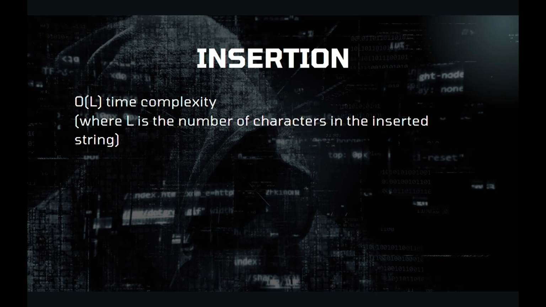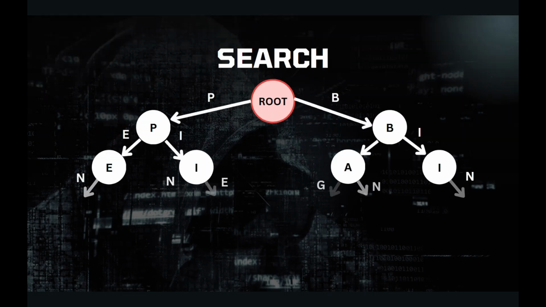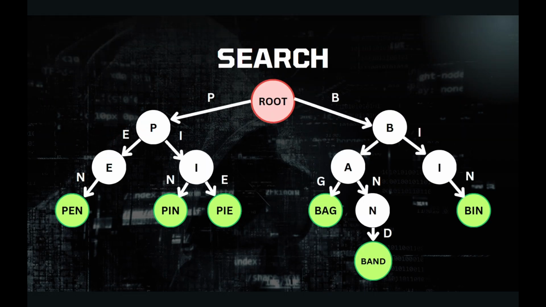For searching, it's really similar to the pie example I was showing earlier. Let's say we're searching for the word pen. We traverse down and see that P does exist, E does exist, and N does exist. And also, it ends on a word terminator, denoted by the green and the leaf node.